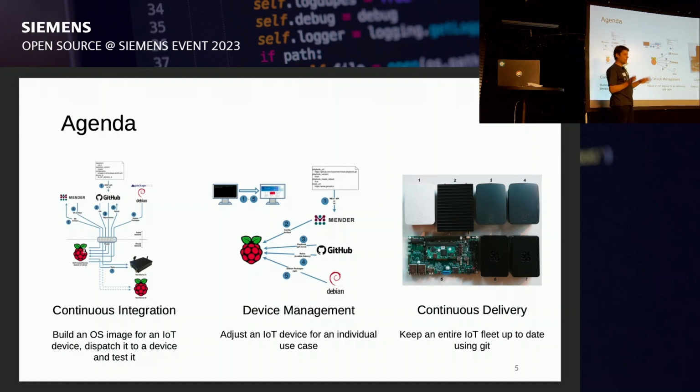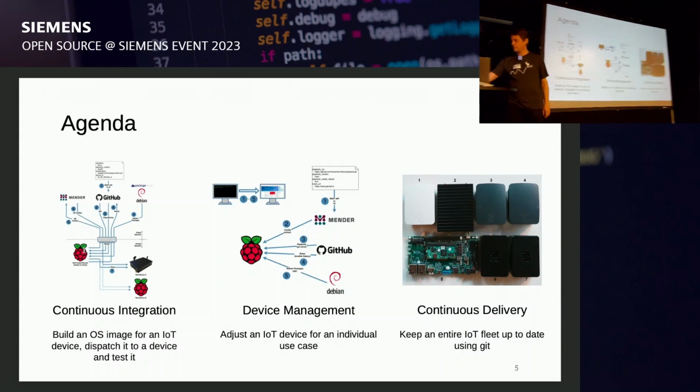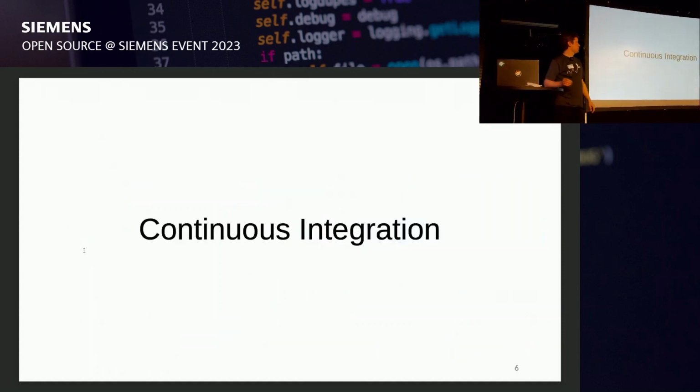So we apply an individual configuration to an individual device. And finally, we want to apply this to a whole fleet. So we want to have individual IoT devices out there that do exactly their use case. So let's first go with the continuous integration.